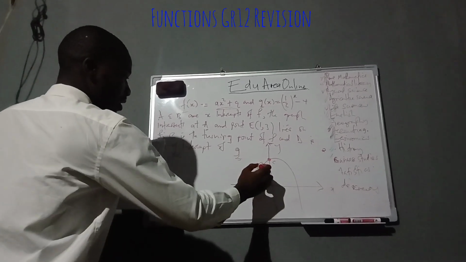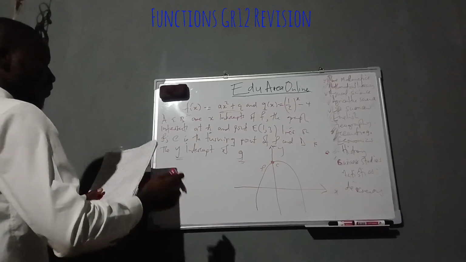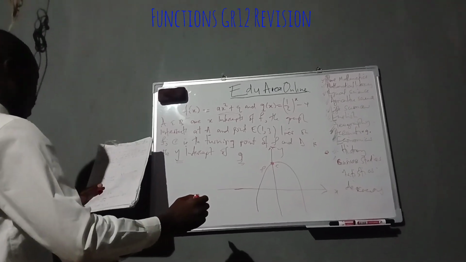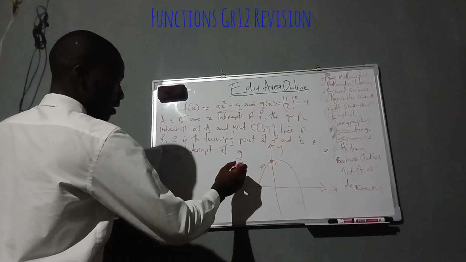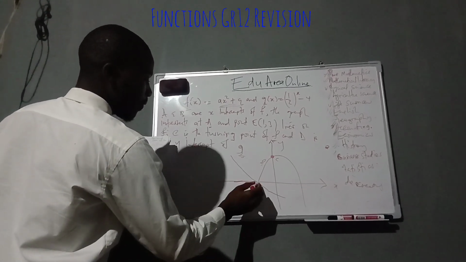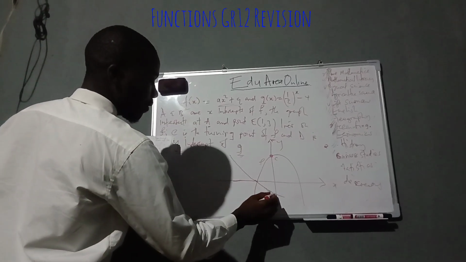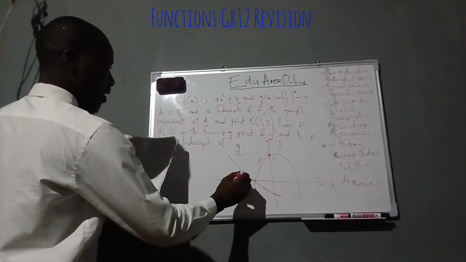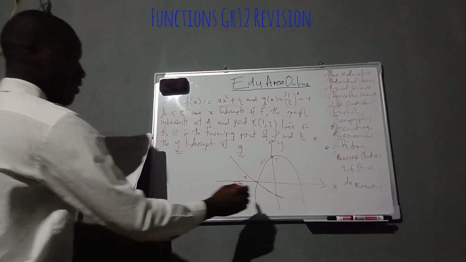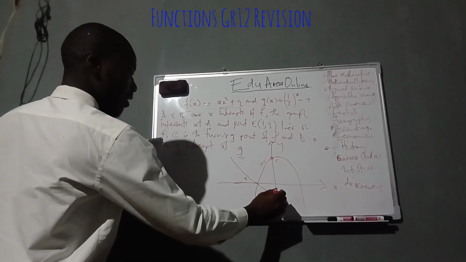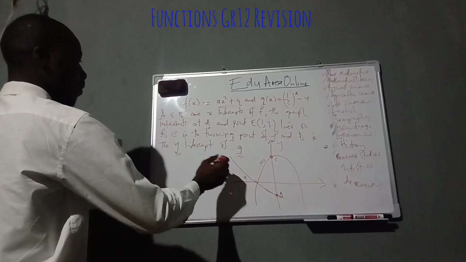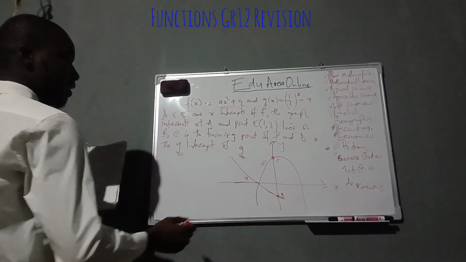So we have a small f representing f. Then we are giving another graph that is intersecting here and here. So this point is A, right? The x-intercept that we are talking about here, and this is D, the y-intercept of g, right?